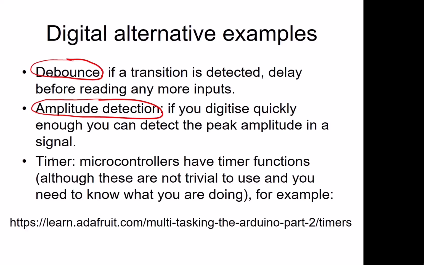And then in terms of the 555 timer, microcontrollers have got timers in them, so you could set up a microcontroller to give you your timing pulse rather than use a separate chip. This is not trivial. This is a bit more involved than the programming we've been used to. So it's a little bit more complicated than I'm making it sound, but it is possible. I've given you a reference there if you wanted to use an Arduino as a timer. So there are digital alternatives to all these circuits, or a lot of these circuits. It's just something to bear in mind.